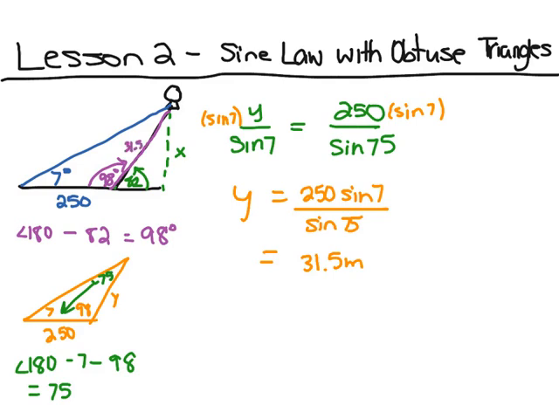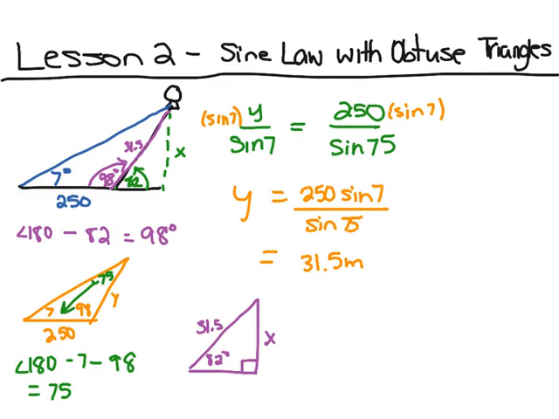Now let's look at this triangle. We know that this is a right angle because it's made going straight up into the air and the ground at 90 degrees. This side is 31.5 and this angle is 82 degrees. Now we're looking for x, and we're just going to use the primary trigonometric ratios.